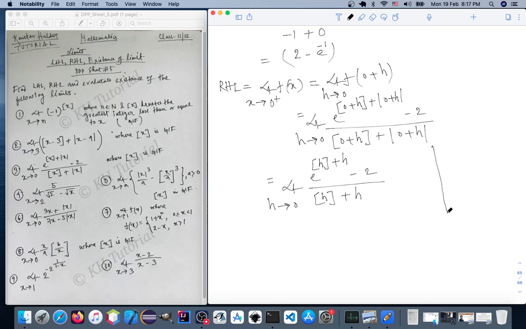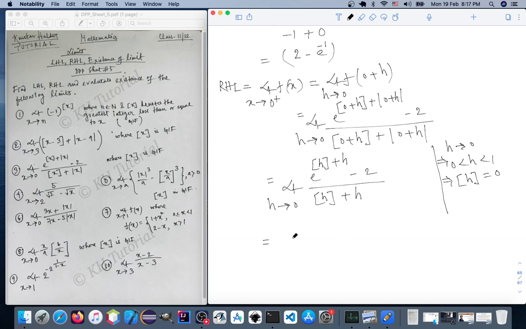Now h is tending to 0, which implies h is greater than 0 but less than 1. This implies the box of h equals 0.